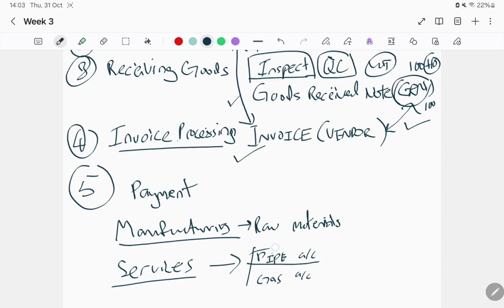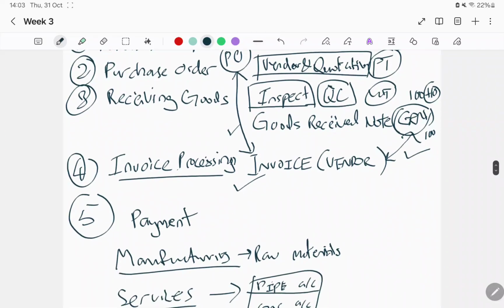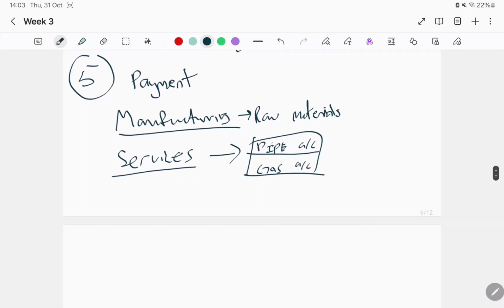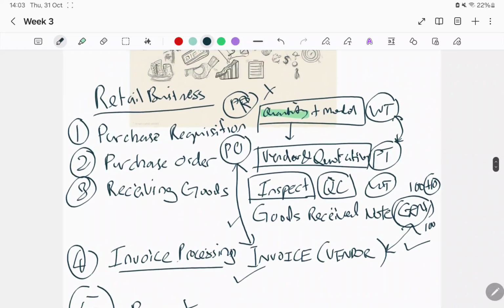They will go through the same process, or a big company, right? They will go through this requisition, purchase order, checking which vendor they want to purchase from, and then receiving the goods, and then process the invoice, and then do the payment. Yeah, pretty much that's it.